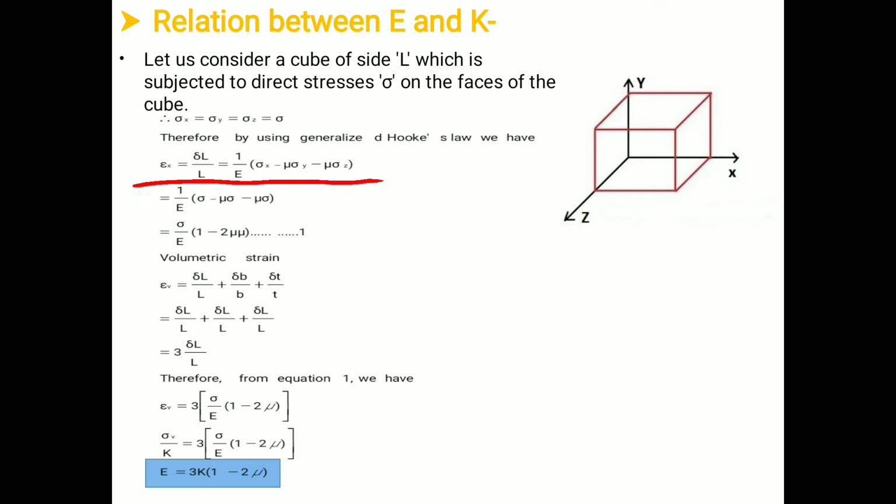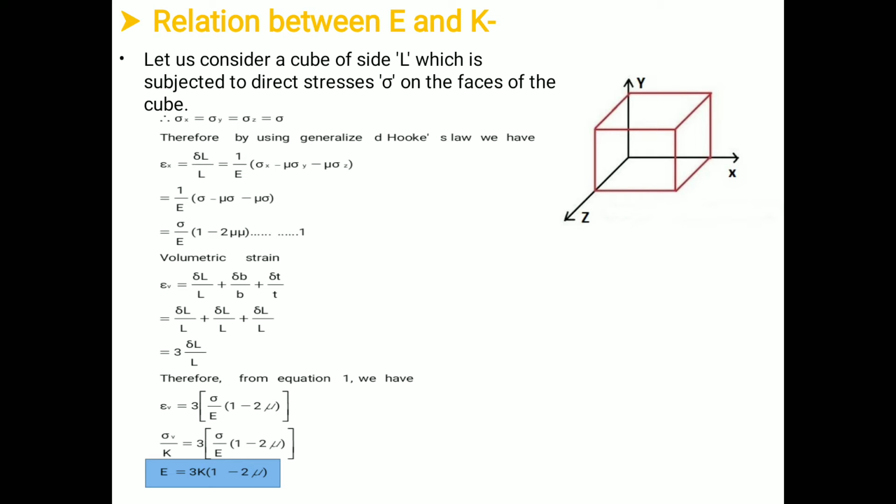Now, as we have sigma x equal to sigma y equal to sigma z equal to sigma, I am going to put that value into this equation. After putting the values of sigma x, sigma y and sigma z, I have the final equation sigma upon E into 1 minus twice mu.